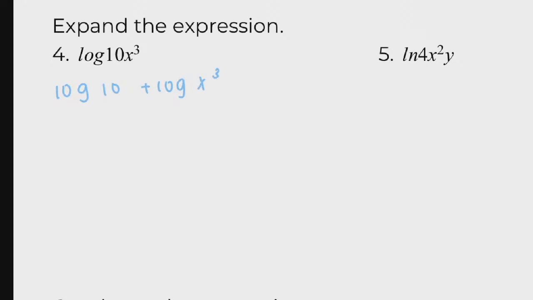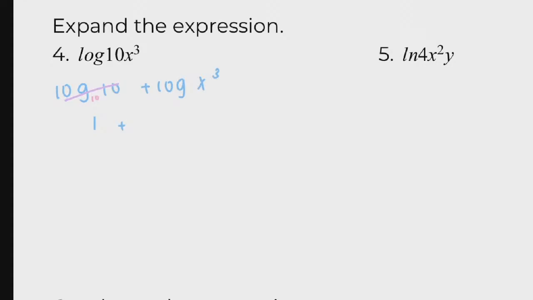If it helps, you can read out the problem, and anytime you say times, that would be a plus sign in the middle. So 10 times x to the third. So we have log 10 plus log x to the third. Since this is the common log, there's a 10 right here that we don't write. So that means we can cancel this out, and this would equal 1.